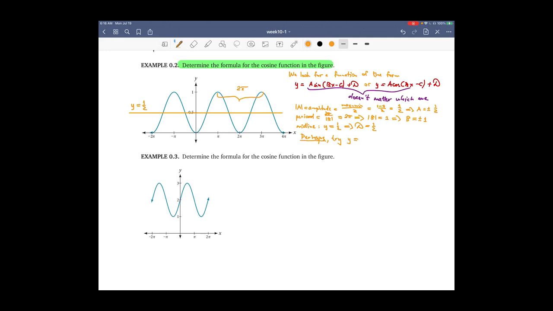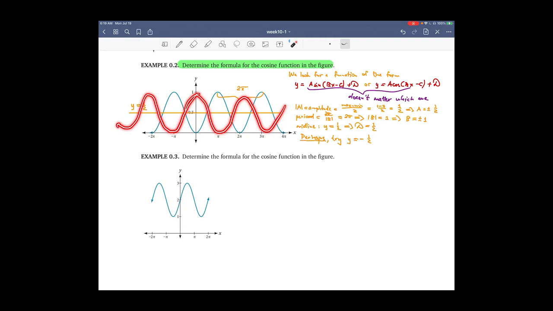let's try negative 1/2, that's a. Negative because it's going to be the reversed cosine. Positive 1/2 would be like this. That would be positive 1/2.